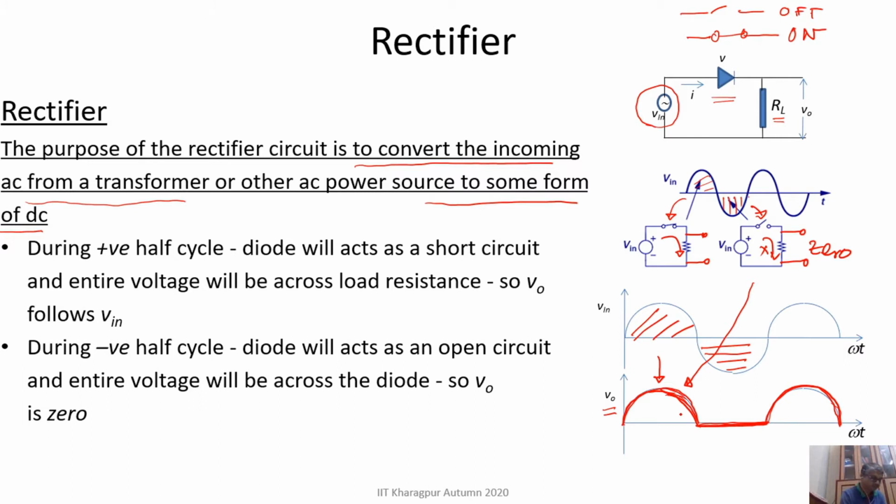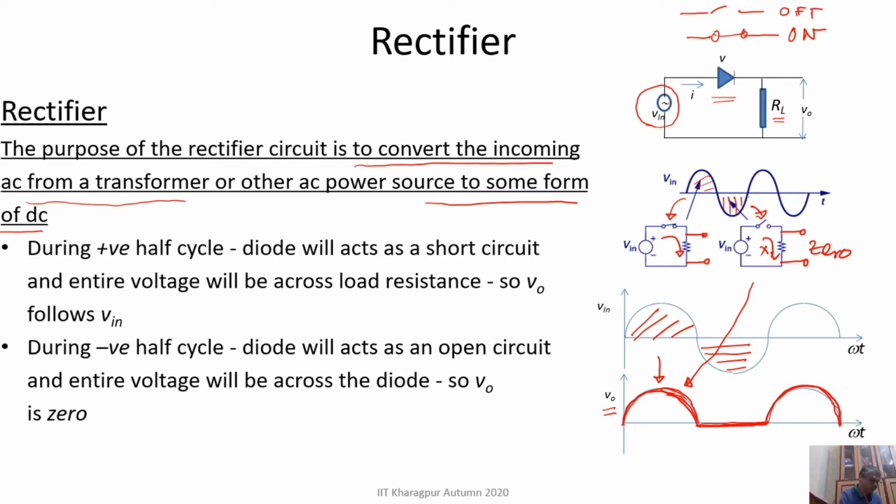In one half we get an output signal, so that is why it is a half wave rectifier. It is rectifying the input, and there is no negative portion of the cycle at the output.